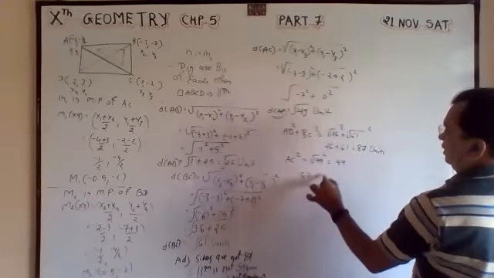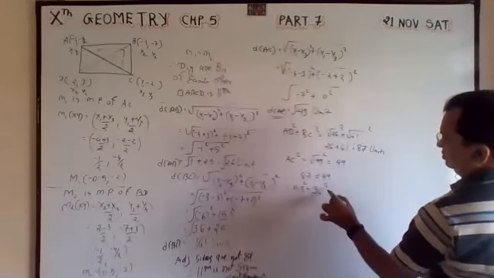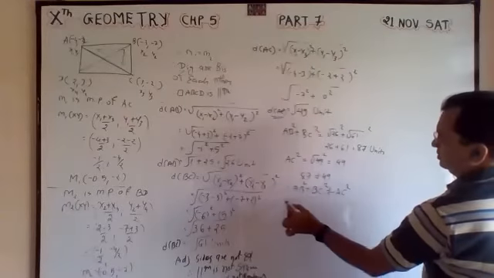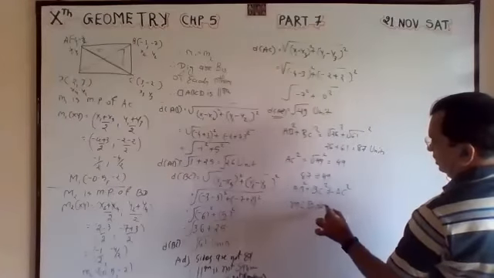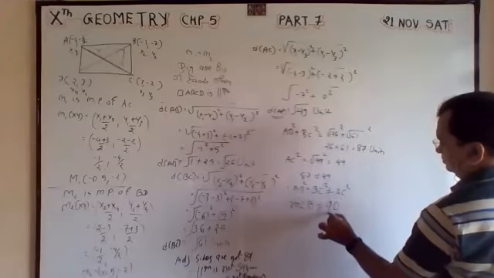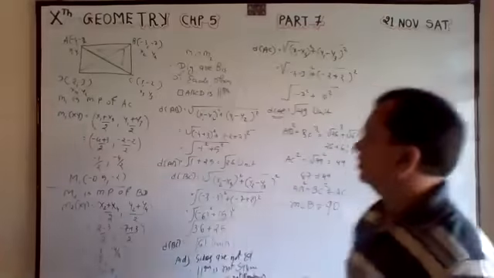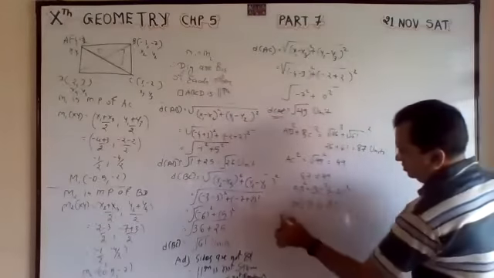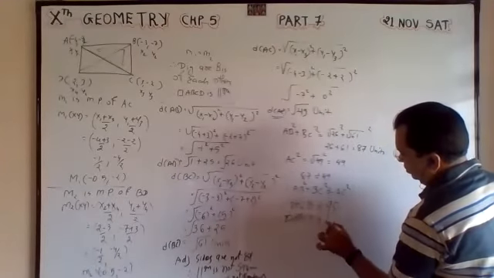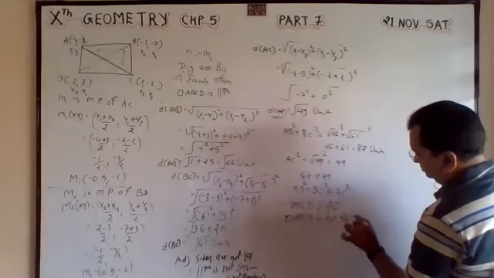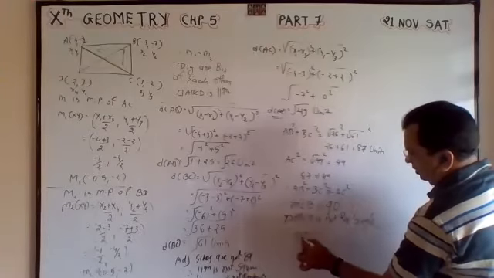So 87 is not equal to 49. Therefore, AB square plus BC square is not equal to AC square. Therefore, measure of angle B is not equal to 90 degrees. Therefore, quadrilateral ABCD is not a rectangle. Therefore, this is only a parallelogram.